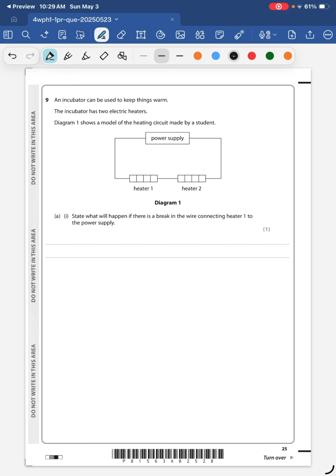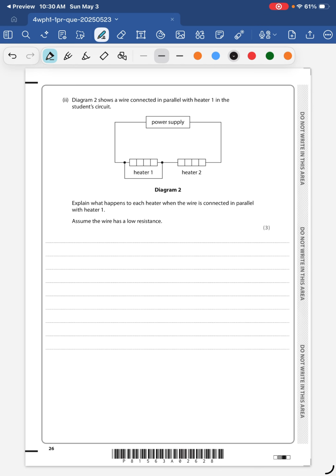So both heaters will turn off, since they are in series.